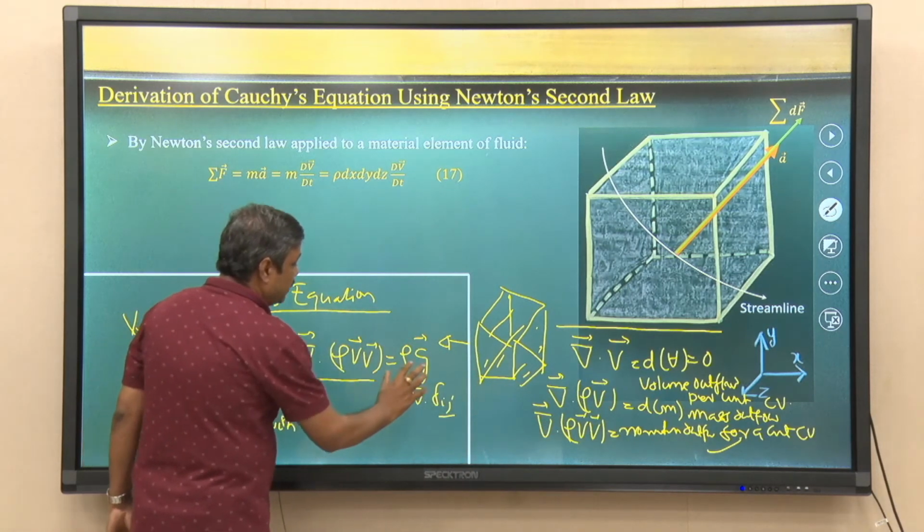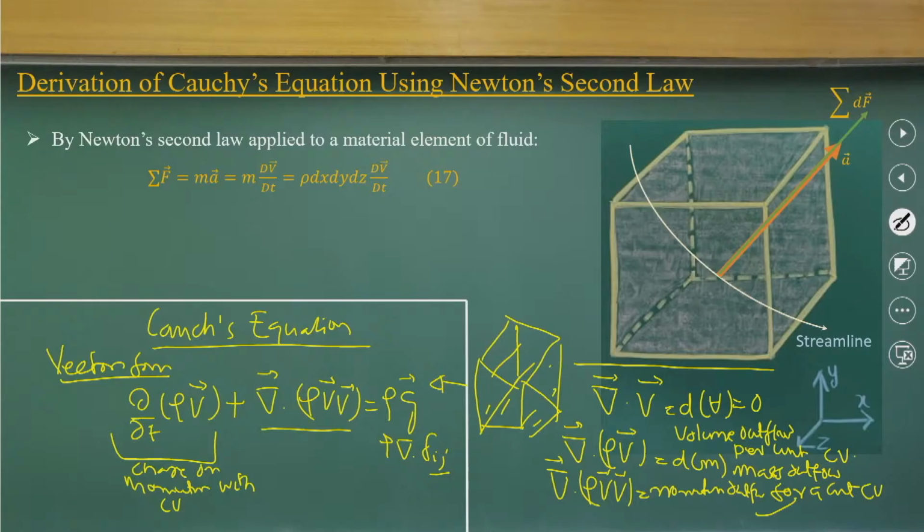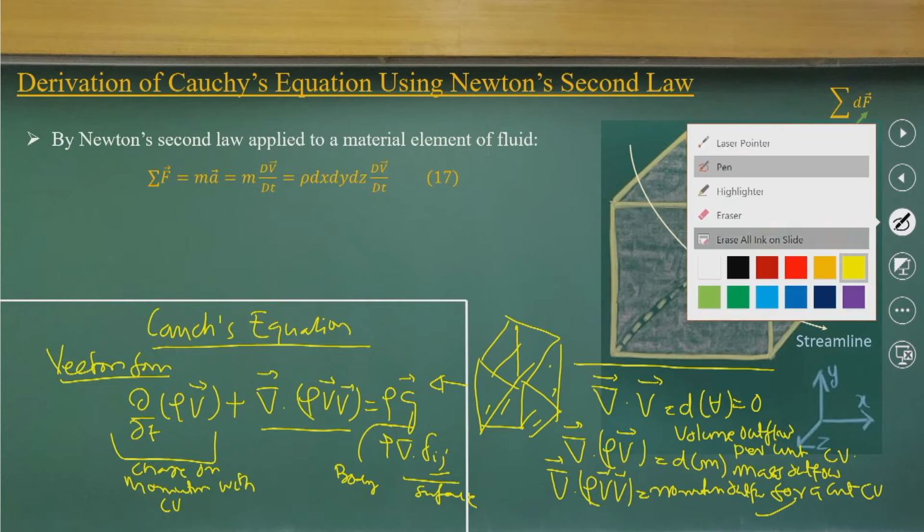These two indicate for us two force components, one is the body force, another is the surface force. So, what we are deriving here, we are not bringing in new physics.